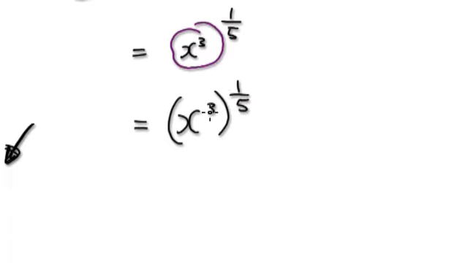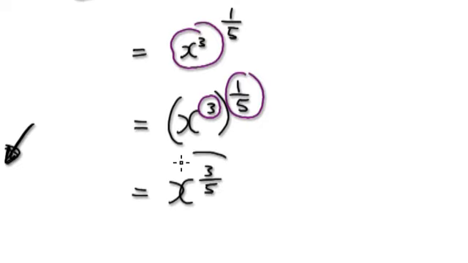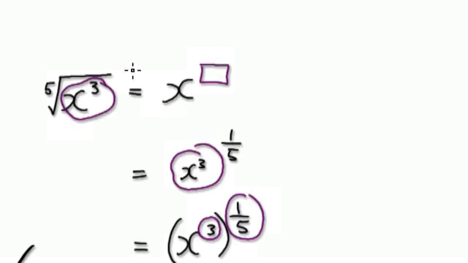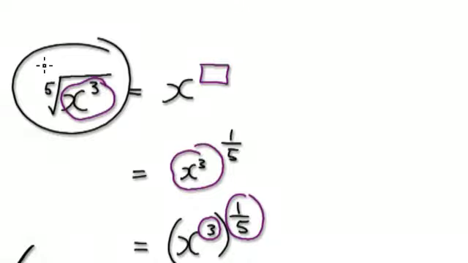When you have a power within a power, it's just a matter of getting this times this. So this will be 3 over 5. So this thing here is the same as this.